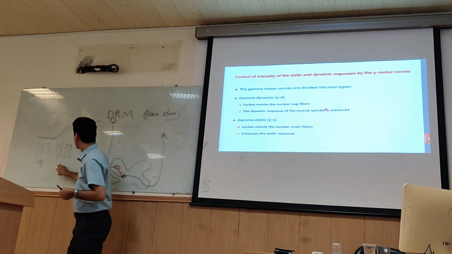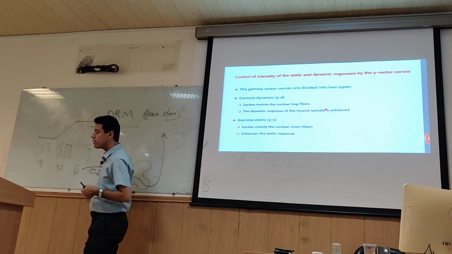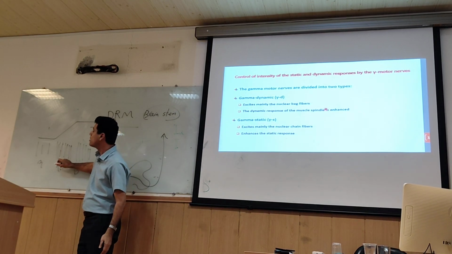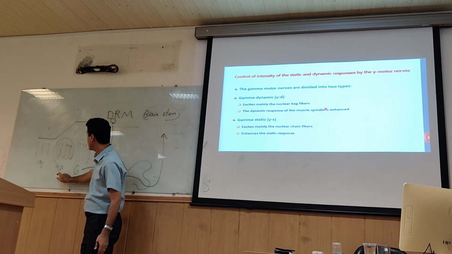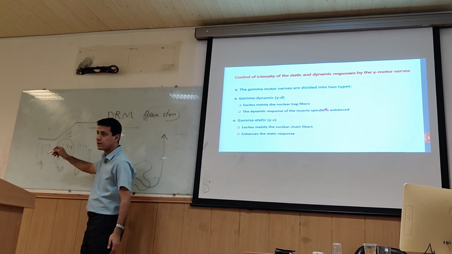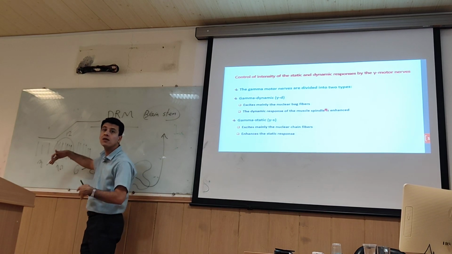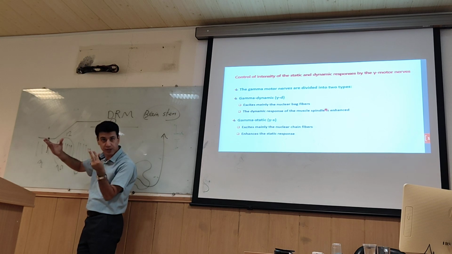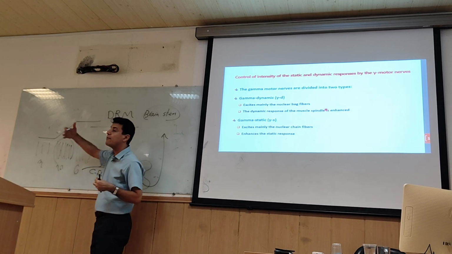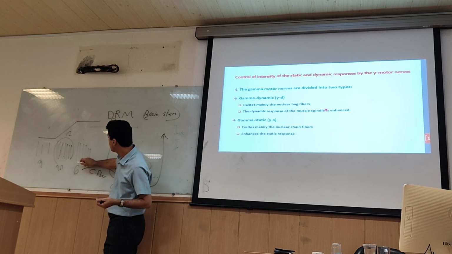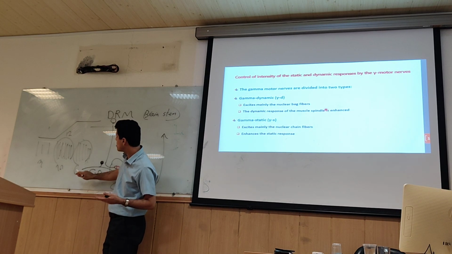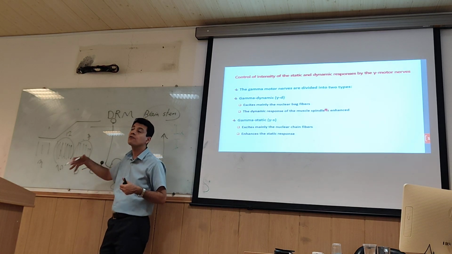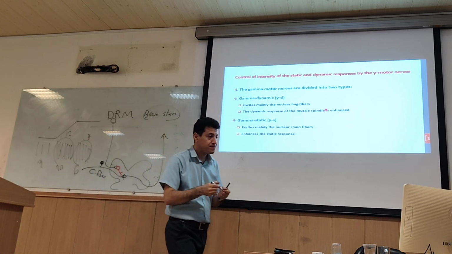So 3, 10, 6. If gamma D is active, then the dynamic response increases. Instead of having 10, you may have 12 action potentials. So sensitivity increases. Sensitivity of the muscle spindle to the stretch. If gamma static is active, then this part increases. Instead of having 6, you may have 8 action potentials. So the static response is exaggerated.